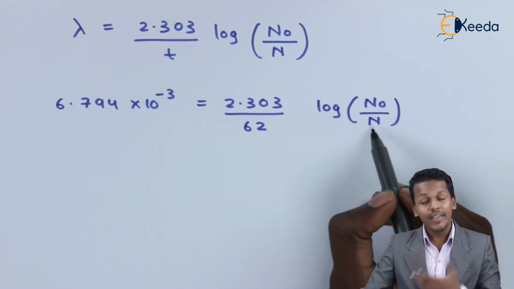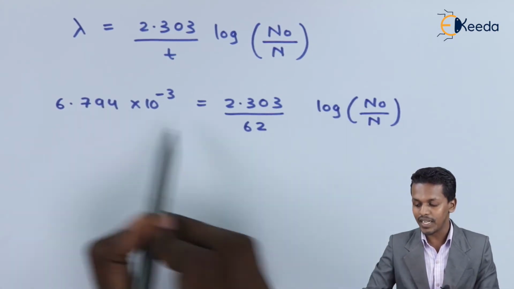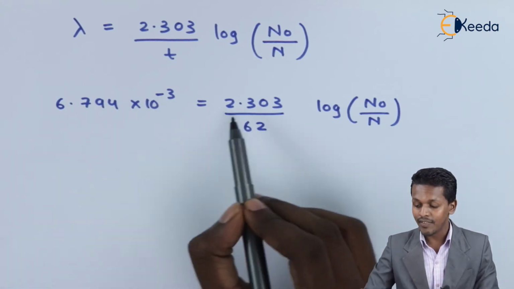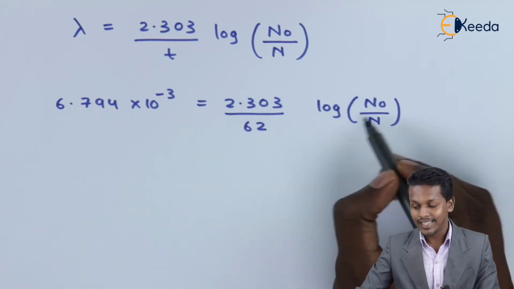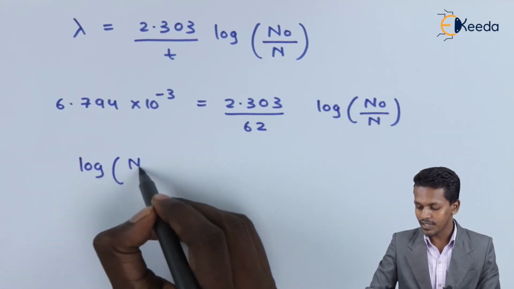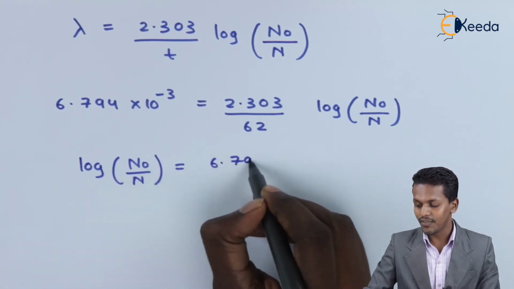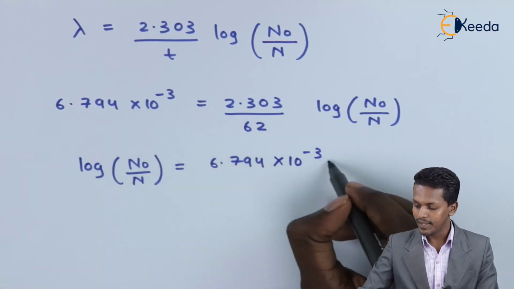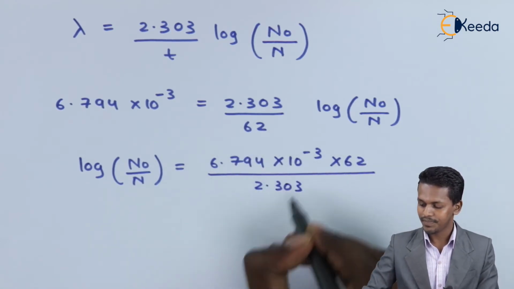Since we have to calculate the value of N, it should be free from the log. So we can multiply 6.794 into 10 raised to minus 3 with 62, and divide it by 2.303. That gives the value of log N0 divided by N, which is 6.794 into 10 raised to minus 3 multiplied by 62, the whole divided by 2.303.